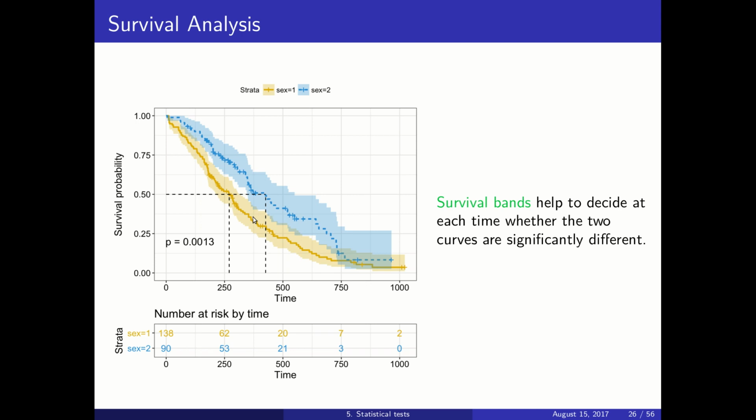So now you can use all the tools that we had for comparing probabilities between two groups. You can construct confidence intervals, these bands that are called survival bands, and you can do a test at this point.